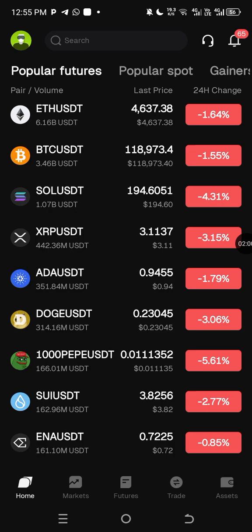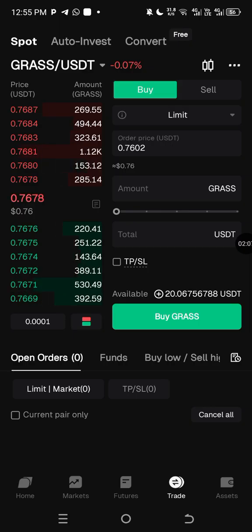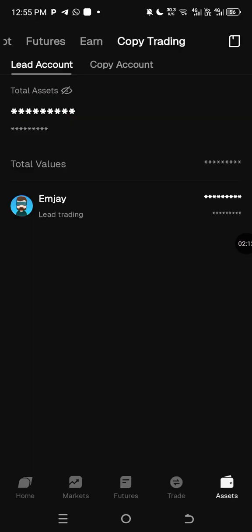Now, on the BitUnix app, all you have to do is come here on trade. If you want to trade spot, just come down here, move your assets first. If you have some money, I think I have about 93 USD here.